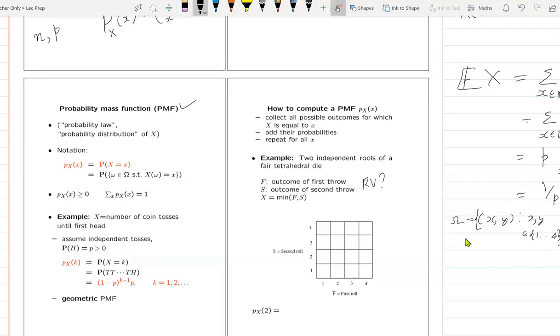And f is the outcome of the first roll. So f of (x, y) is just x. Similarly, s of (x, y) is just y. It's a random variable. It's a function which maps omega to real numbers.